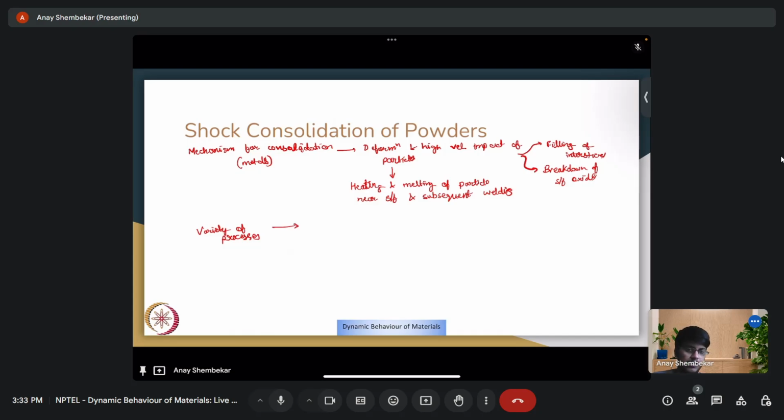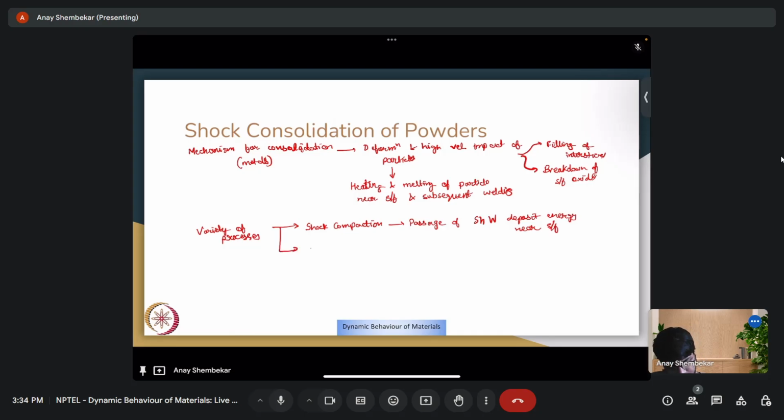So the first one is shock compaction, wherein passage of shock waves deposit energy near the surface.